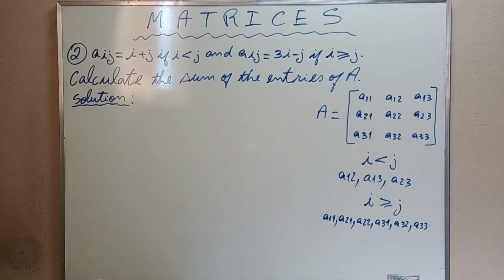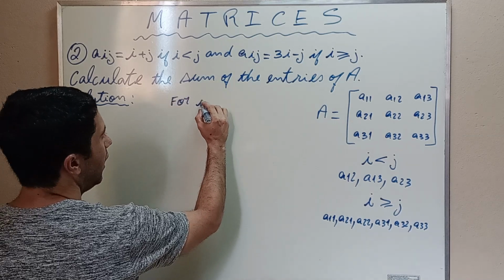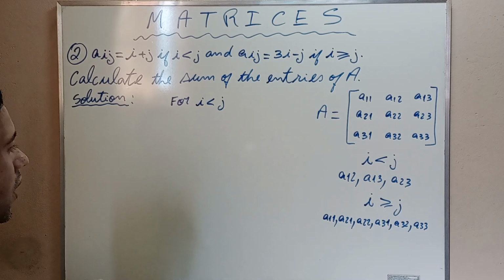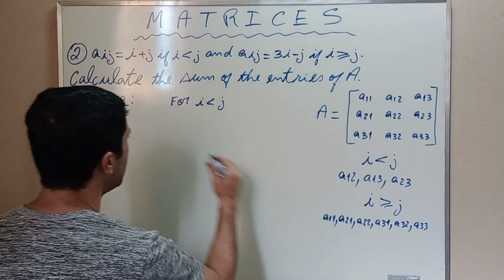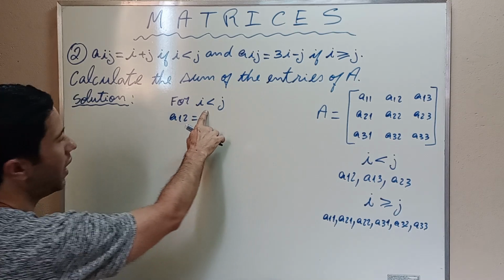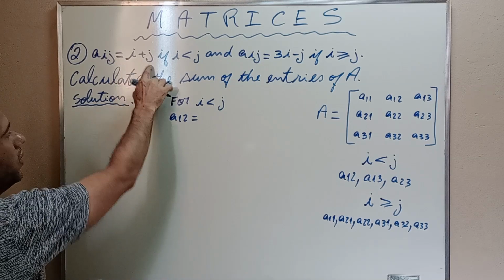Now, we simply use the rules of formation. Firstly, for i less than j. The first one is this. A12 will be equal to, when i is less than j, we use this rule of formation, i plus j.